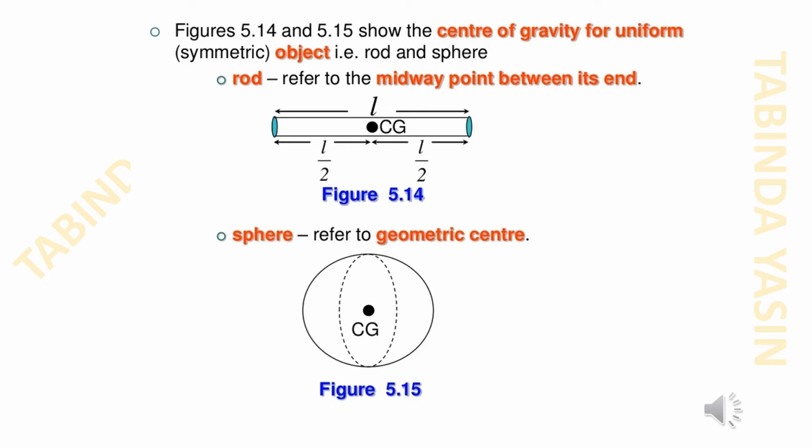For the center of gravity, figures 5.14 and 5.15 show the center of gravity of a uniform symmetric object. The first is the rod and the second is the sphere. For the rod, the center of gravity is the midway point between the two ends. The whole length of the rod is L, and the center of gravity is at the center, that is L by 2 from the center to the end point on the left hand side, and L by 2 from the center to the end point on the right hand side.